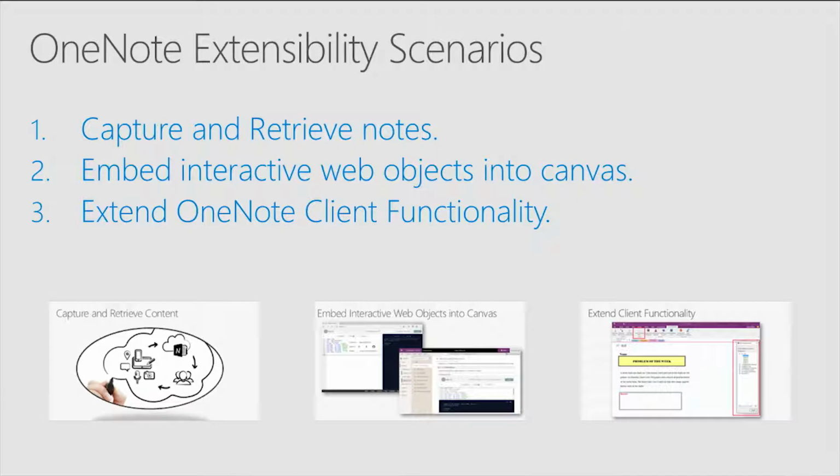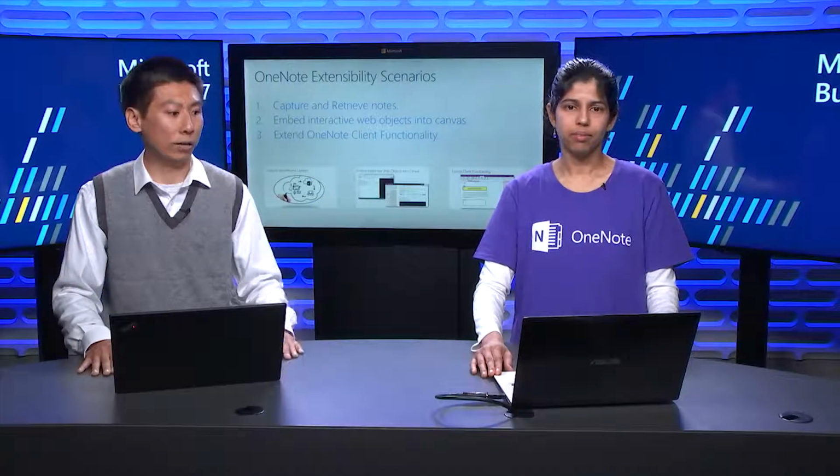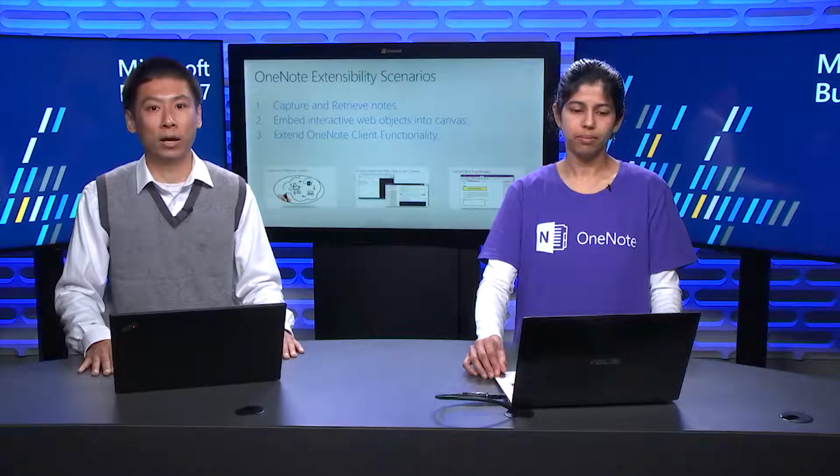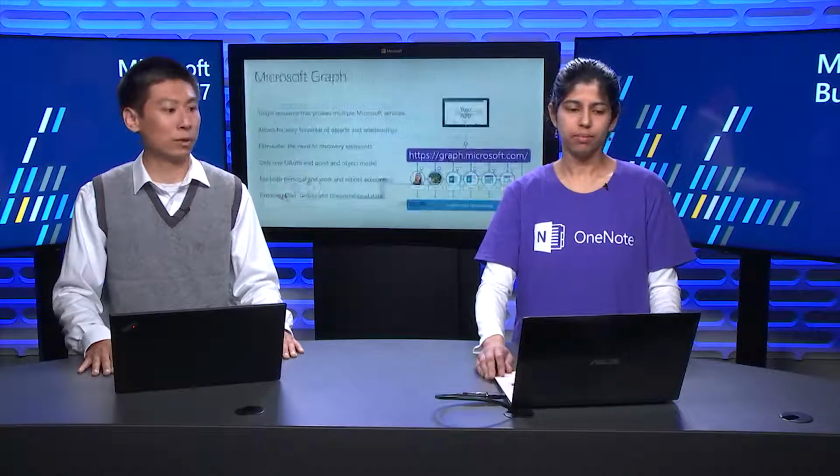OneNote also supports programmatically inserting web content to the OneNote canvas, as well as customizing the OneNote client functionality through the Office add-in extensibility. Today, we're going to focus on number 1, which is capture and retrieve notes to and from OneNote through the Graph API.